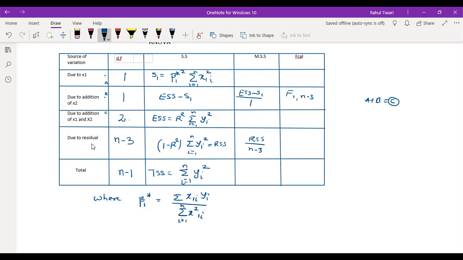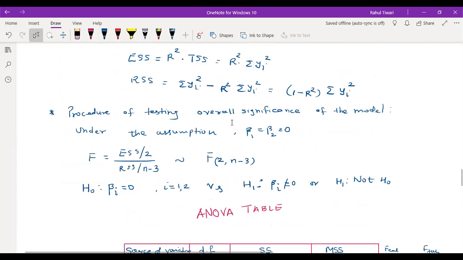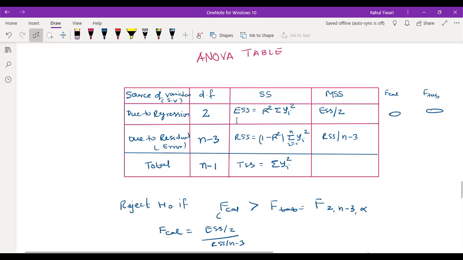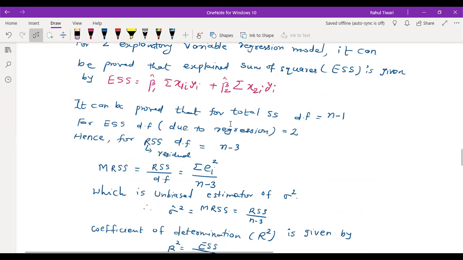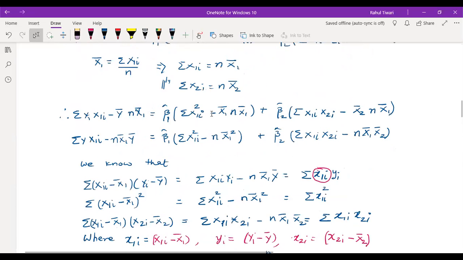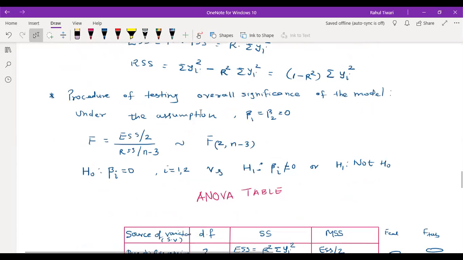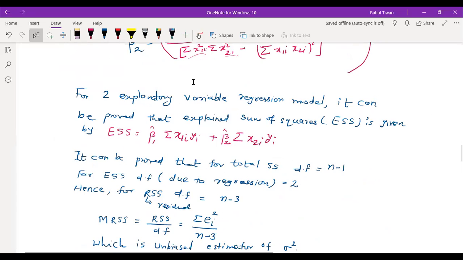Okay sir, tell me about S1 in the SS, how is it coming? Which one? Sir, S1, this one. Yes, this is beta 1 star square summation xi square. How will you get this? For this you have to remove x2: you have to keep x2 constant and do the entire derivation for x1. If you go through your previous one, let's say where's my beta 1? I think this is the beta 1, right?